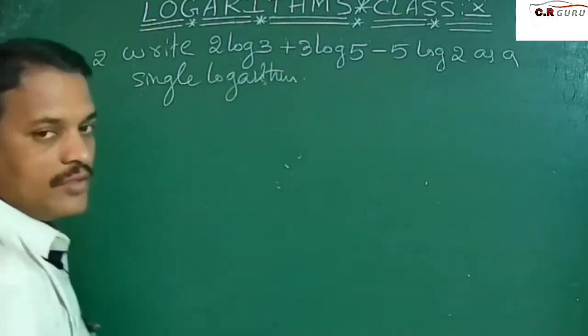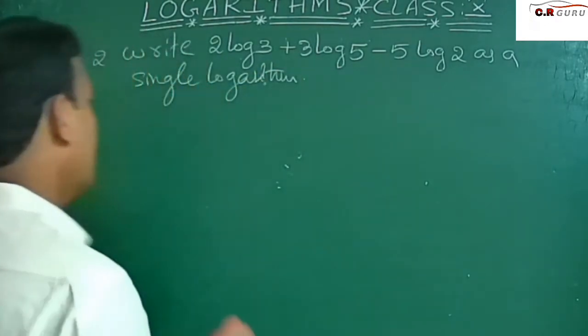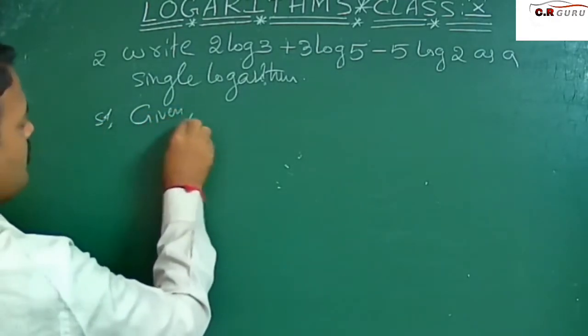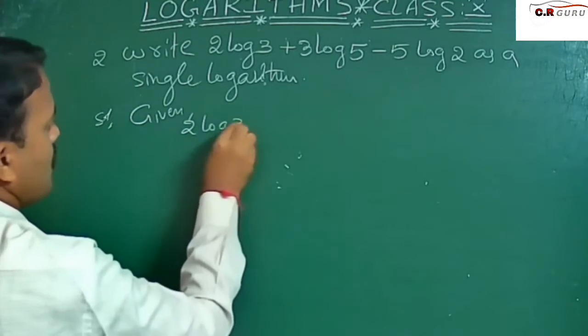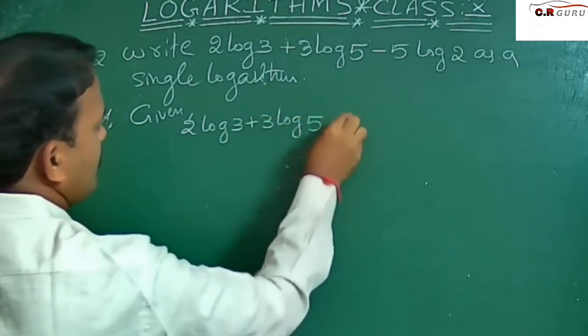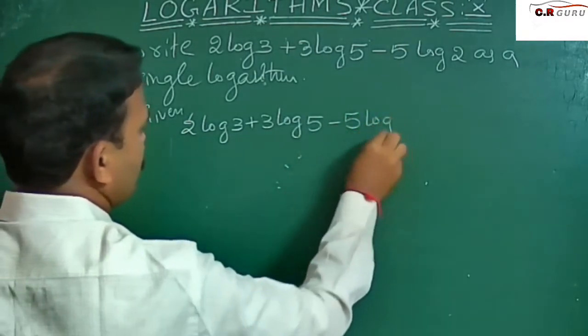Single logarithm. Okay, but how to convert? The solution. What is the given? Given: 2 log 3 plus 3 log 5 minus 5 log 2.